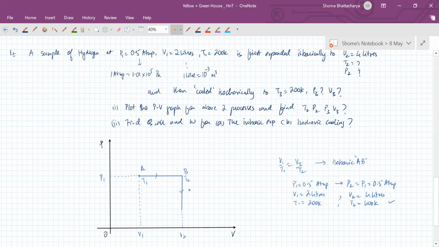And then B to C, what is happening is that pressure is proportional to temperature. Okay.